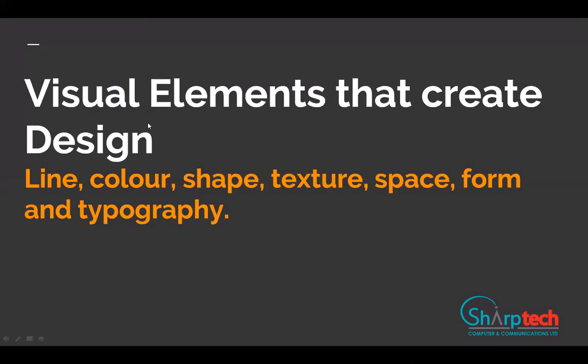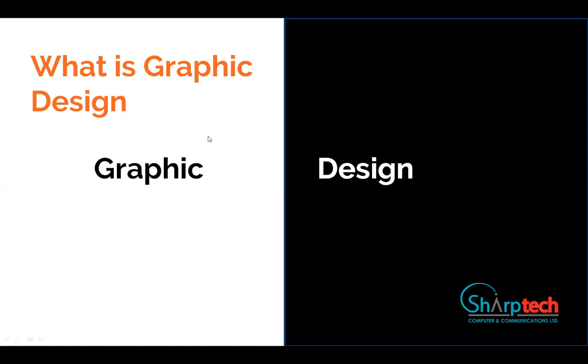And then we have visual elements that create design. So remember we said graphic design is composed of graphic and design. Under graphic, we have said graphic contains maybe art, imagination.